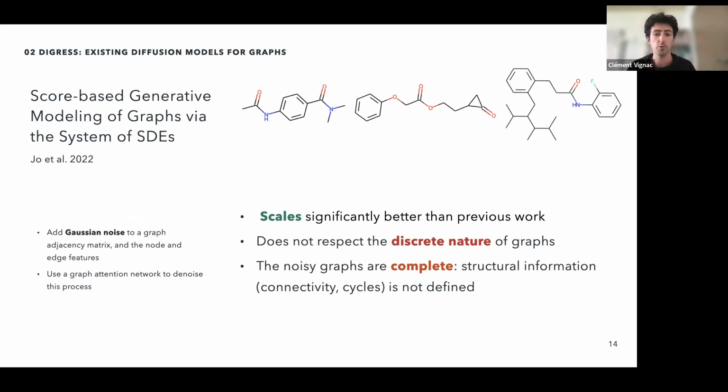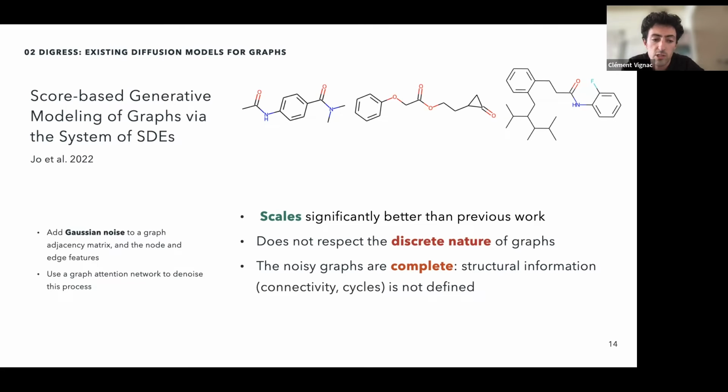So let's see what people have done. If you attended the reading group last week, then you saw a great presentation. If not, I recommend the YouTube video. The only diffusion model for graphs that manages to generate attributes as well is this paper, score-based generative modeling of graphs via a system of SDEs, and it's based on the continuous framework.